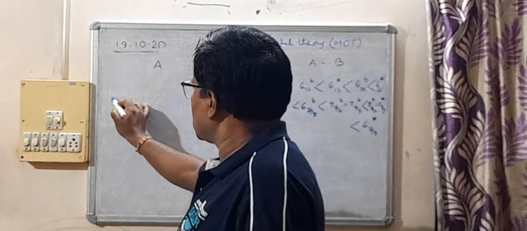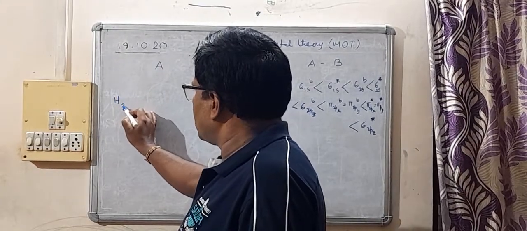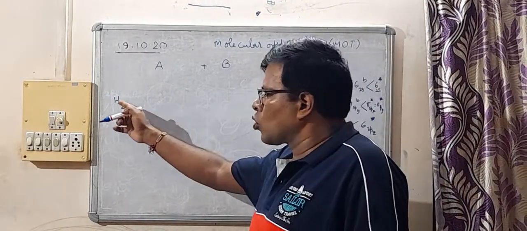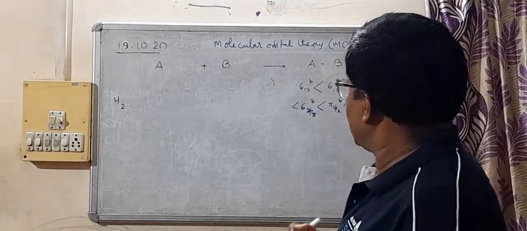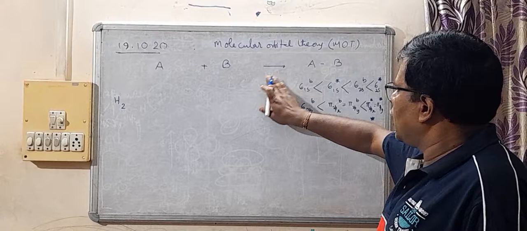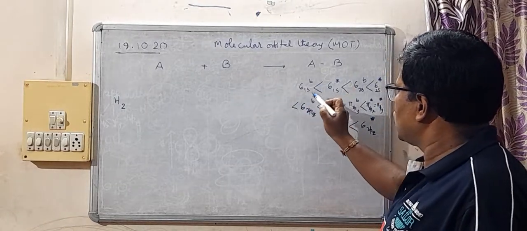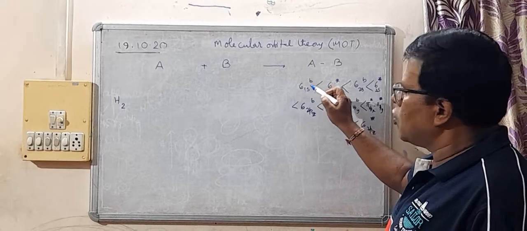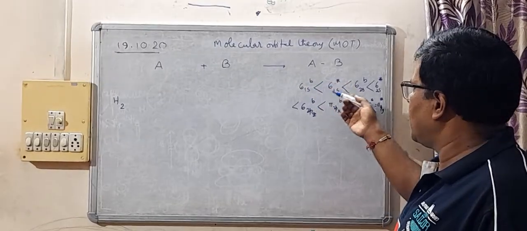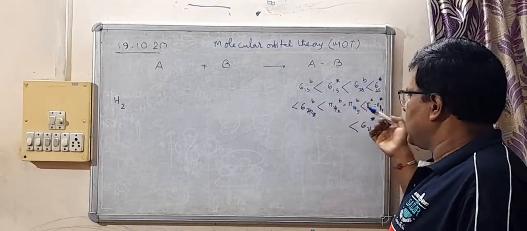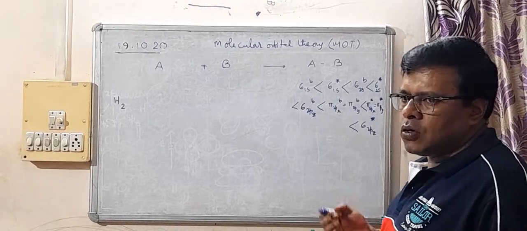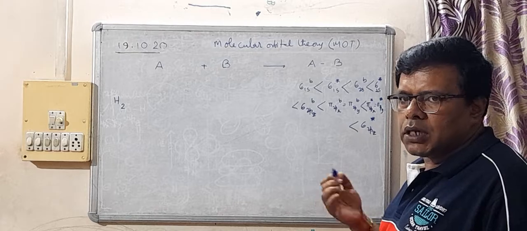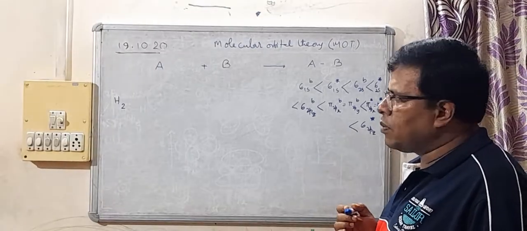So suppose hydrogen molecule, here we have a total of 2 electrons. So the 2 electrons will be coming here. The rules for filling up of electrons in the molecular orbitals are the same as the rules for filling up of electrons in atomic orbitals that we have studied in the previous chapter.